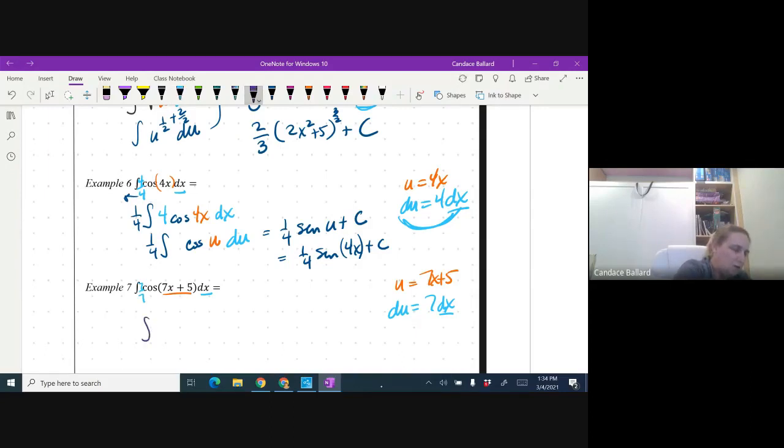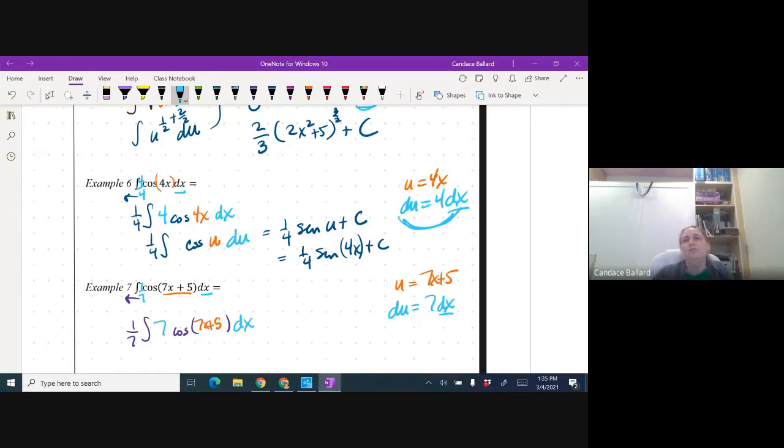So, and again, hopefully you've noticed the pattern. I end up taking the denominator 7 out front. The numerator 1 stays inside. Cosine, parentheses, and then my 7x plus 5. And guys, I'm writing a lot of steps today because I want to make sure you're seeing every little part.